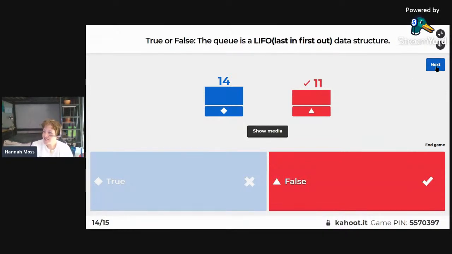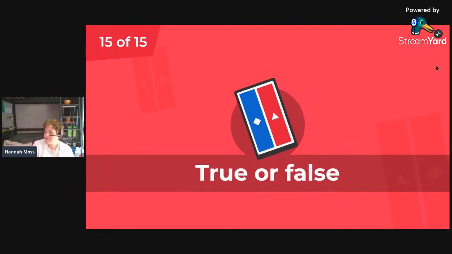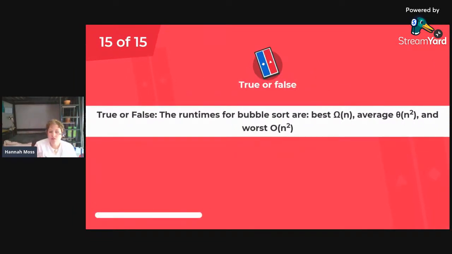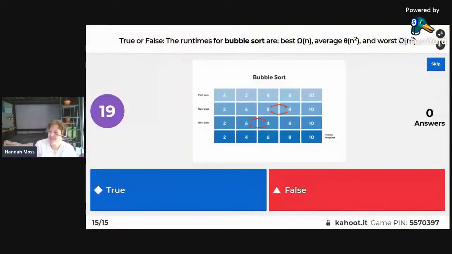Remember that queue is first in, first out, and stack is last in, first out. So true or false, the runtimes for bubble sort are best O of n, average O of n squared, and worst O of n squared. Well, yeah. And this is our last question, so make sure to answer correctly and quickly.